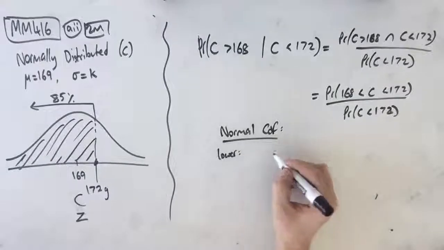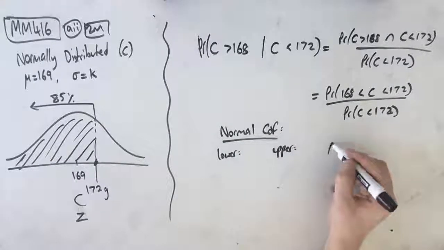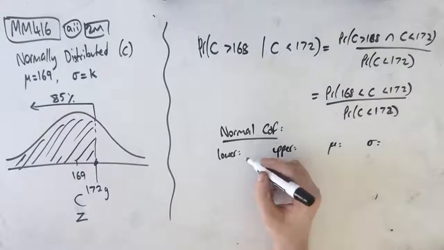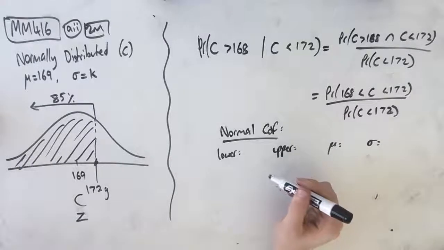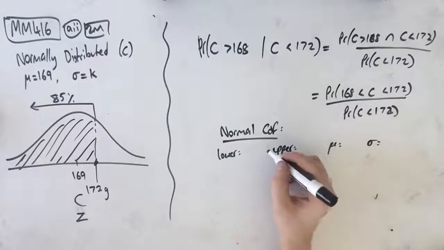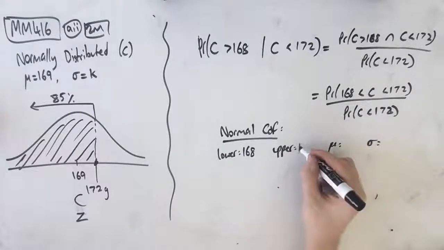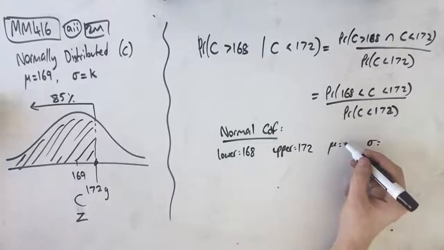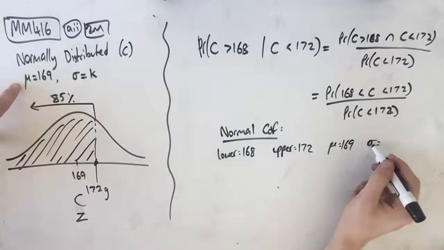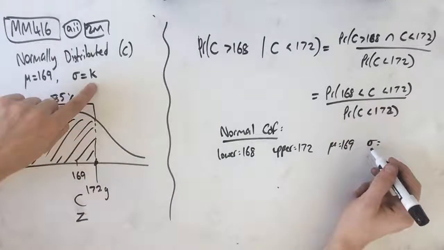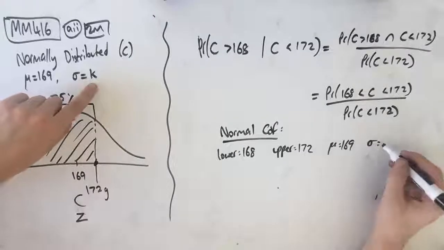So, lower, upper, mean, standard deviation. Our lower, in this case, is 168. Our upper is 172. Our mean is 169. And our standard deviation is K, which in part AI we found to be 2.895.